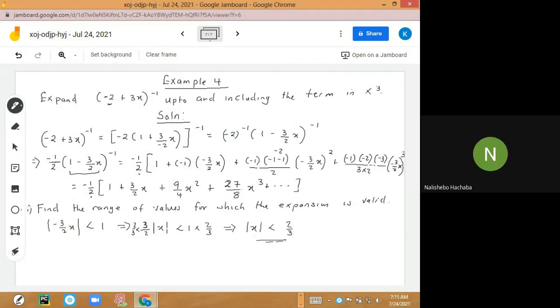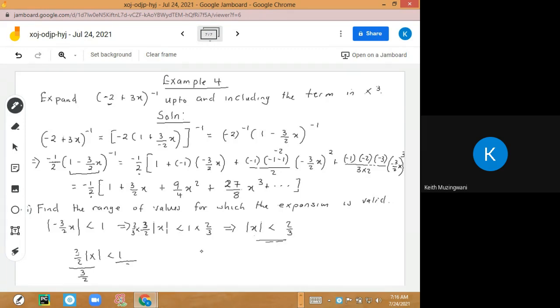Yes, I have a question there. How did you get the 2/3 part? The 2/3 part. Okay. So what we had is 3/2 modulus of x less than 1. And then we divided by 3/2.